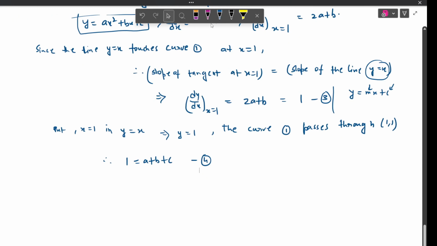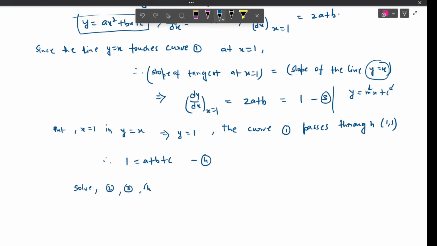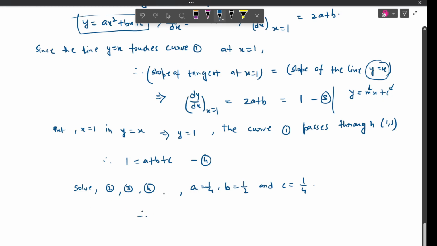Okay, now you have to solve 2, 3 and 4. 3 equations, 3 unknowns. You will get a equals to 1 by 4, b equals to half, and c equals to 1 by 4. So what should be the equation?